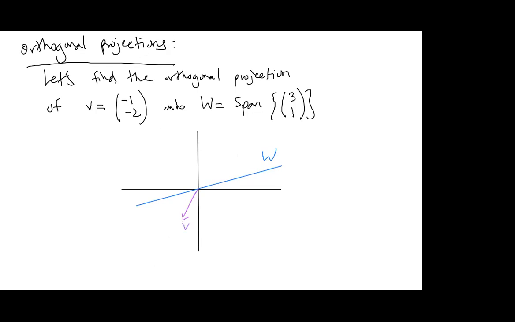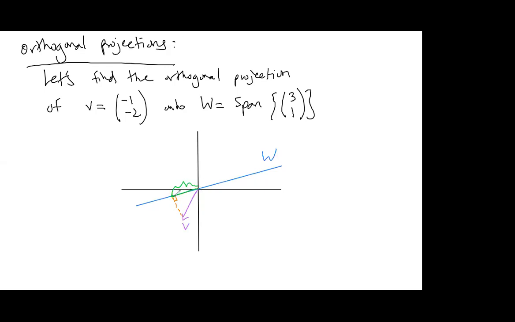This is the drawing we're always going to draw. The projection is the vector that lies on this space that's as close as possible to V. So you imagine just dropping down a line so that it's perpendicular. Then our projection is this segment of the line.